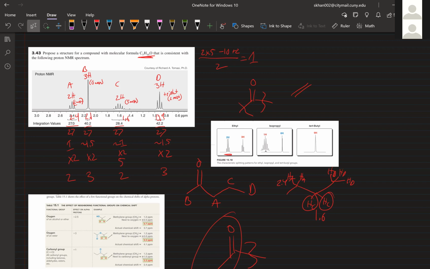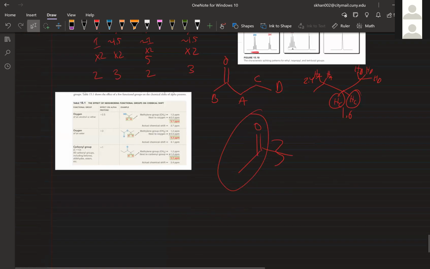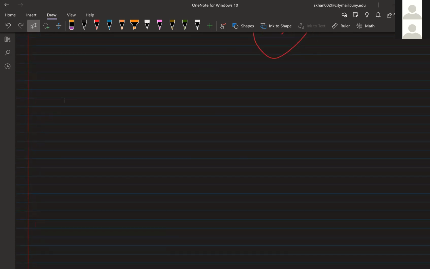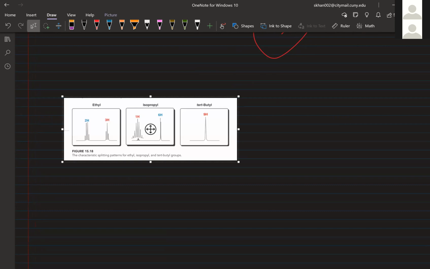Let's do the next one, 3.47. Actually, wait, do we do 3.46? Oh no, actually, let's do 3.46. I'll give you guys, because the thing is right now you don't remember where, oh, whoops, that's the wrong thing.